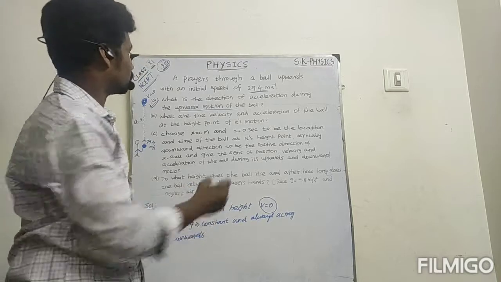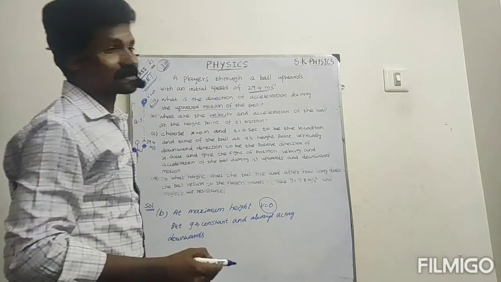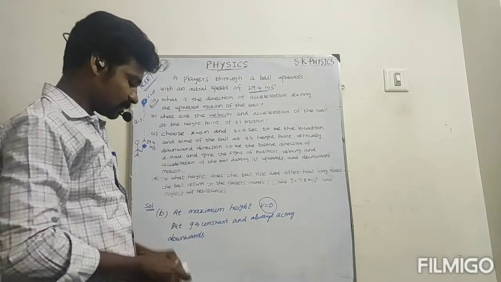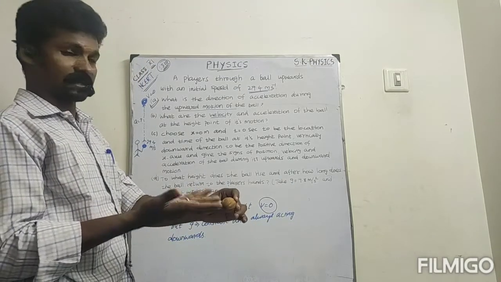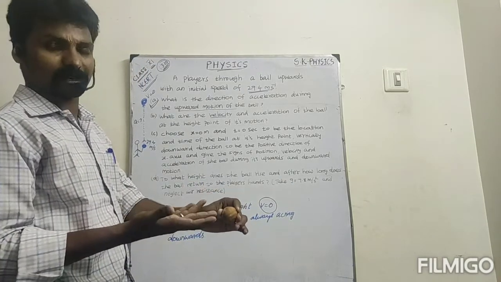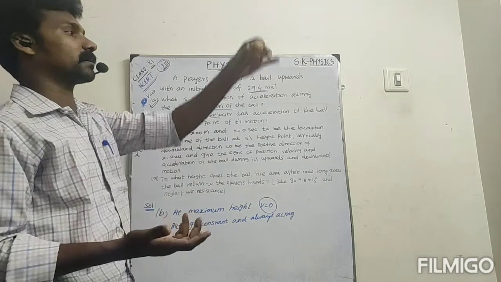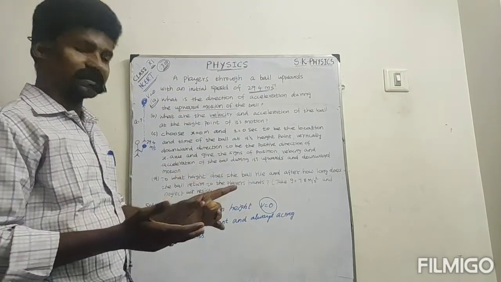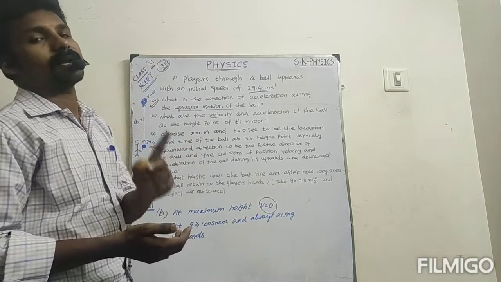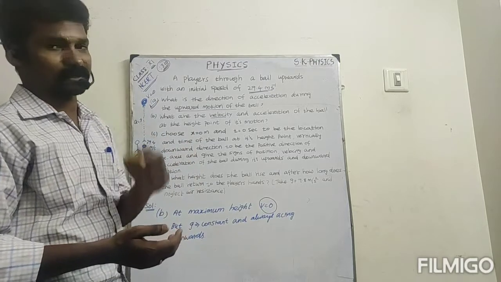Not only that, now they are asking about acceleration also. But acceleration is constant. Here also it is the same g value, 9.8 meter per second square. Everywhere on the earth, the gravity value is 9.8 meter per second square.